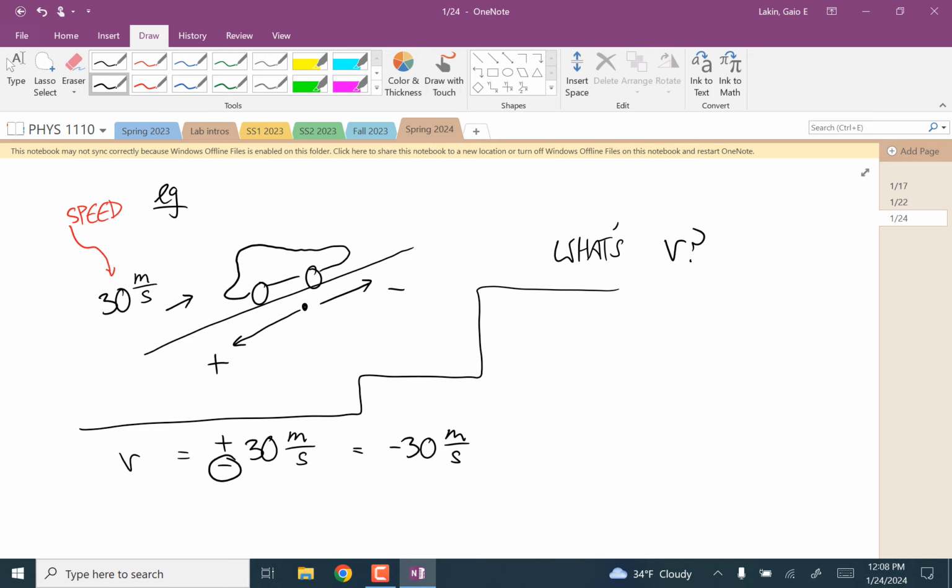Your speedometer doesn't say 60 miles per hour one way and then negative 60 miles per hour the other way. It just says your speed, which is 60 this way and 60 on your way back. If your speedometer gave velocity instead, then it would say positive when you're going one way, negative when you're going the other way. Okay, that's the relationship between those things.